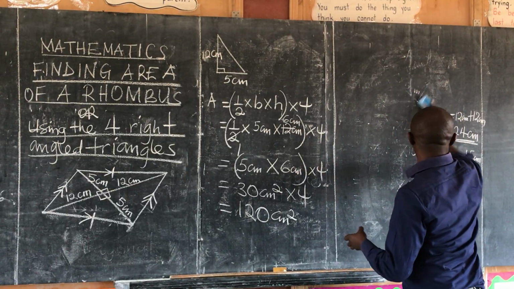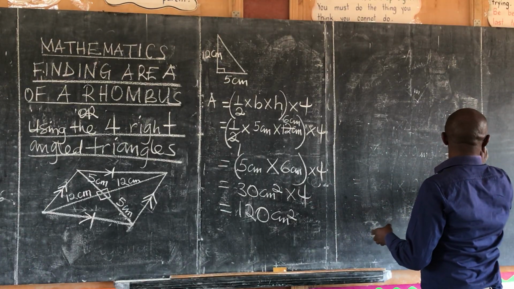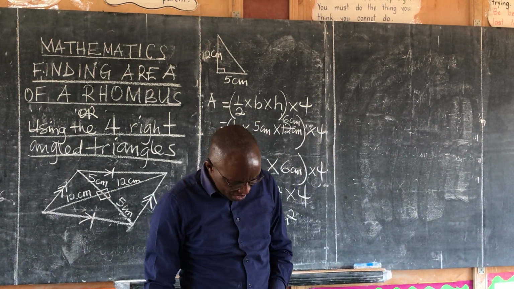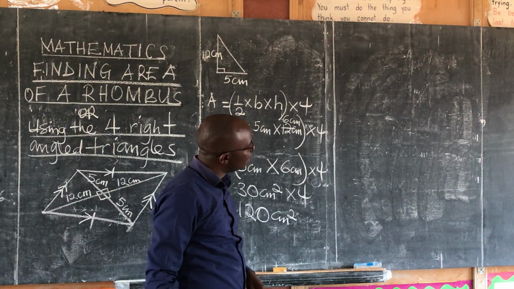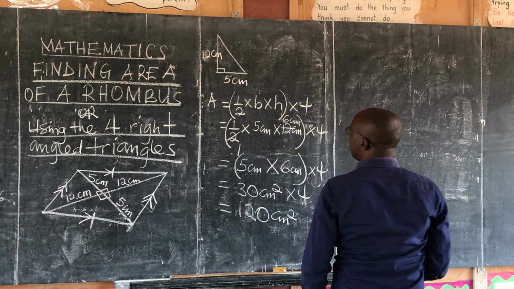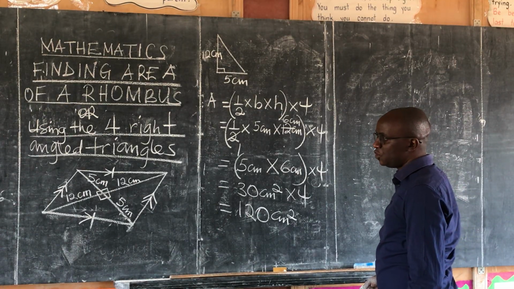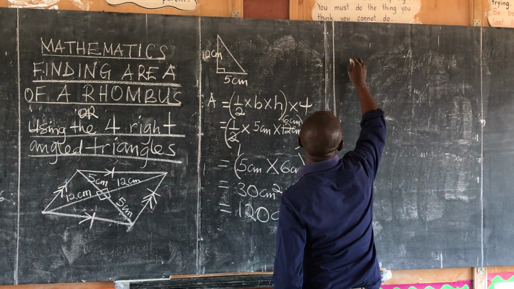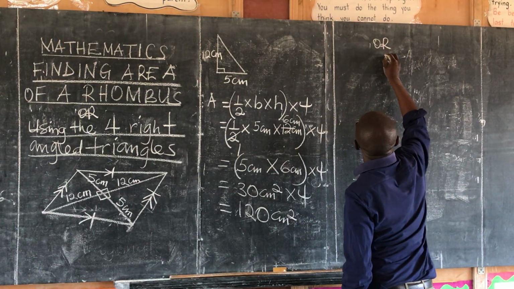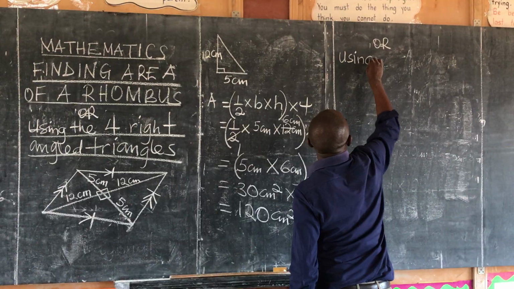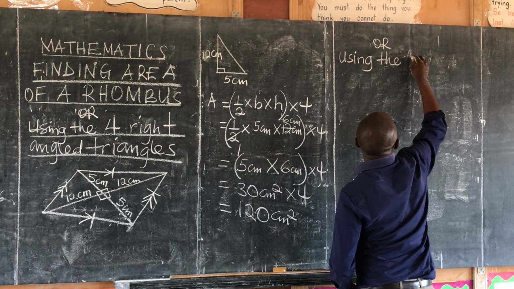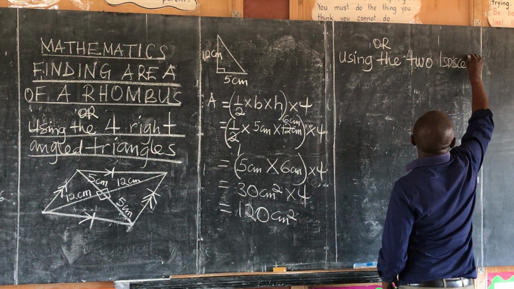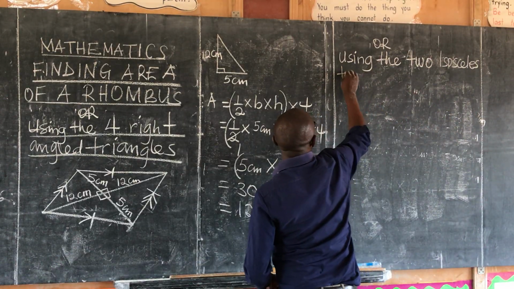This is my last method. My last method is going to look at using the 2 isosceles triangles.